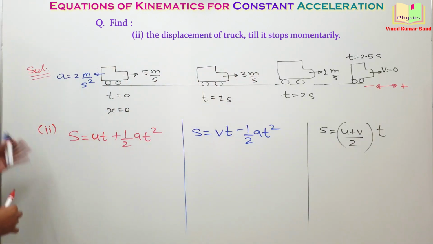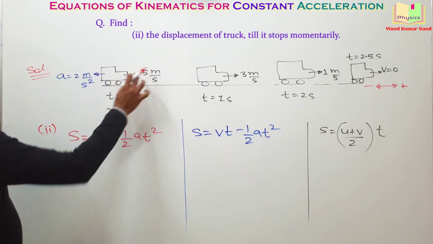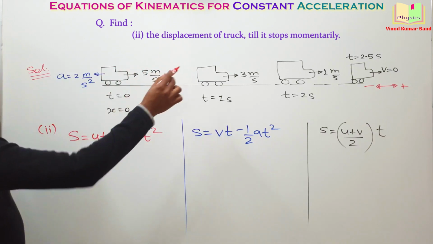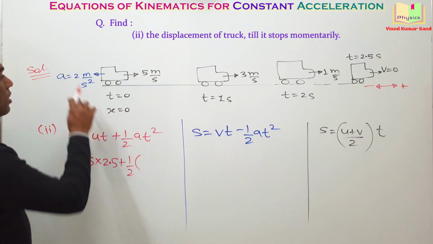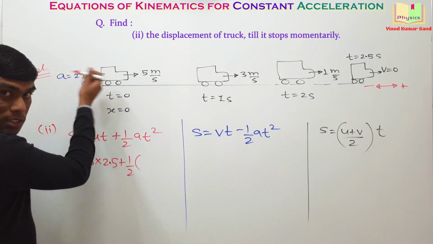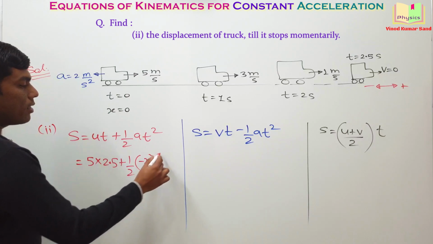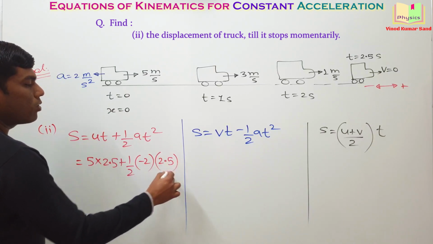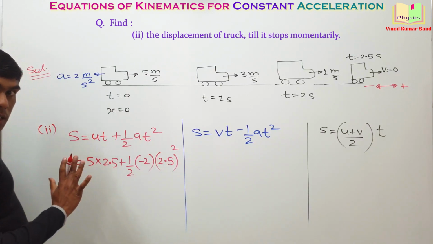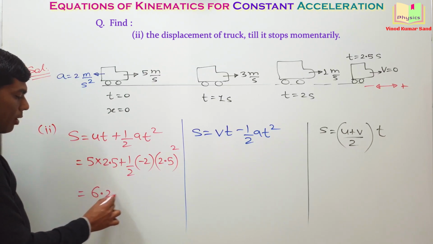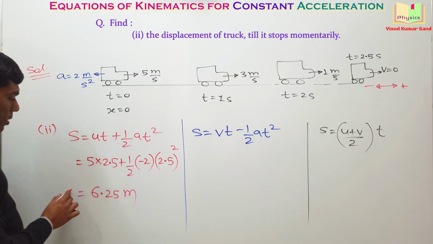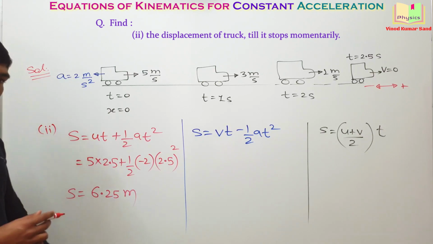See the calculation. U here is 5, time is 2.5, plus half, acceleration is minus 2 because acceleration is in this direction, and the time is 2.5 whole square. Can you compute it? It's a simple calculation. Answer will come out to be 6.25 meter. Check it.